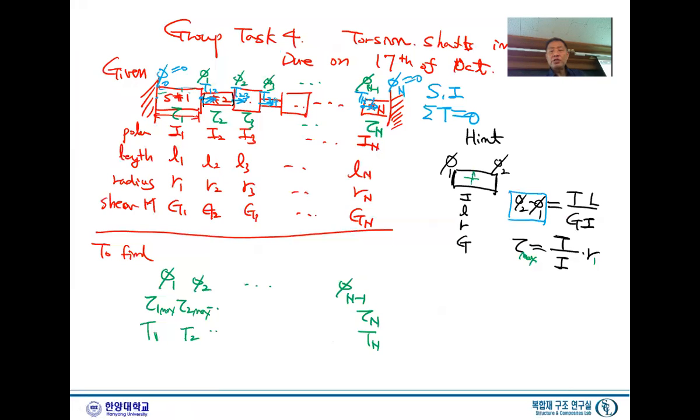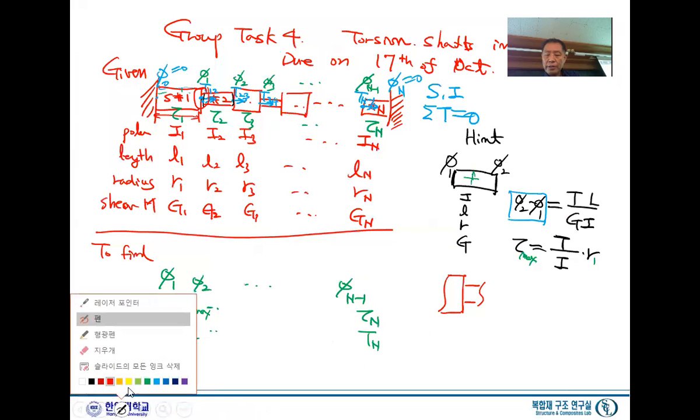One thing I didn't mention here is that if we pick this part, okay, this is a very important equilibrium.